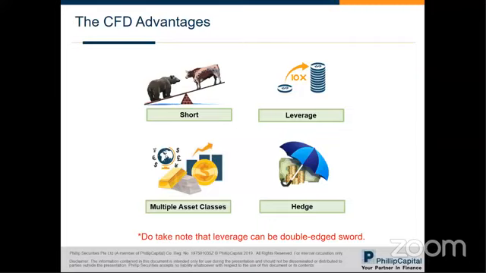We also provide multiple asset classes. The fourth advantage is hedging. You can use CFD for hedging. I believe a lot of you are new and don't know what hedging is, so I'm going to talk about it in detail in the next session. I hope you can stay tuned. Just take note that leverage can be a double-edged sword. Bear this in mind.